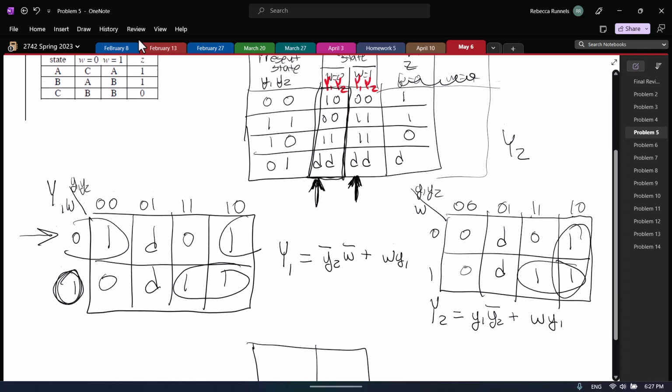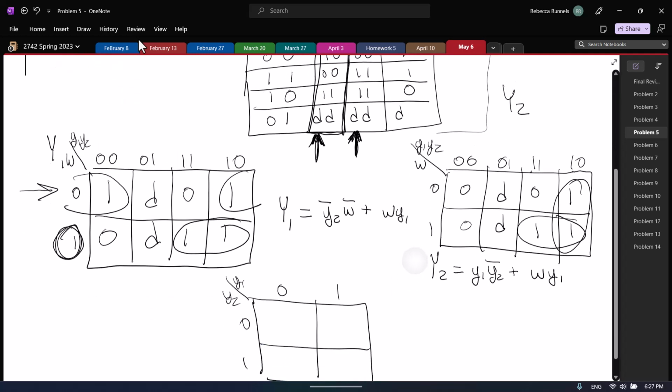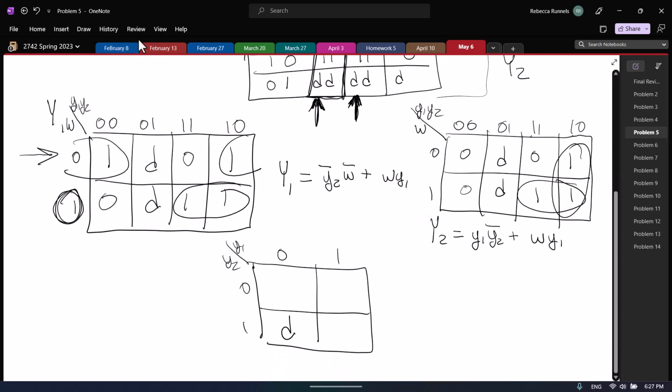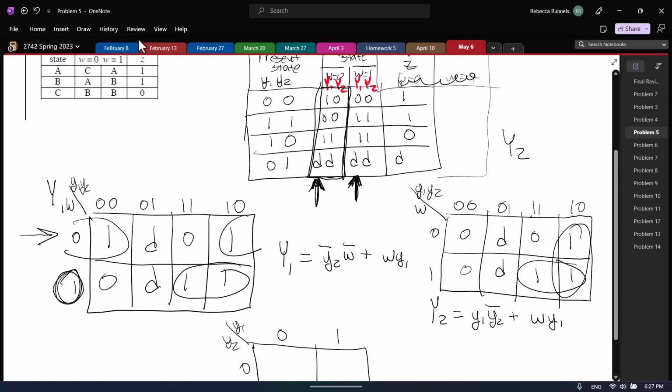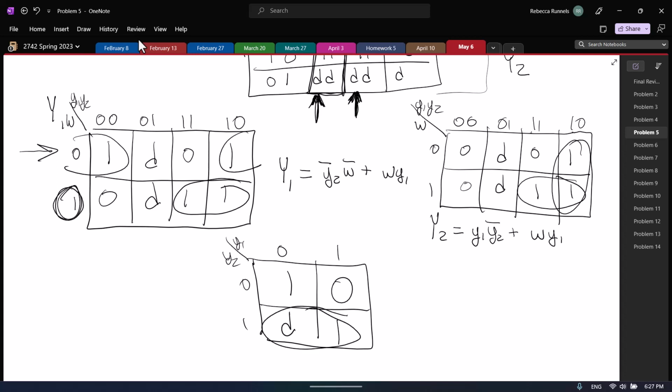So my output depends just on my state, so just on y1, y2, so 0, 1, 0, 1, and I had a don't care here, and I have 1s for 0, 0, and 1, 1. And that's a 0. So I can get these two. So z equals y1 bar or y2.